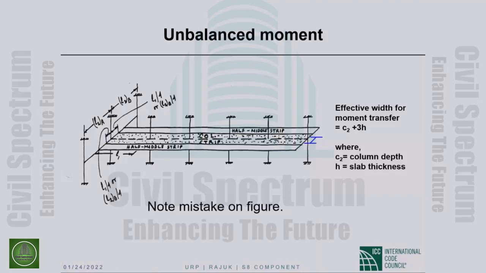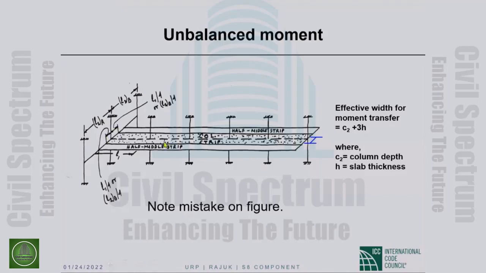It's not called that in 318. It must be placed within a narrow moment transfer band. This is what SEI is calling the effective width, the width of which is the column dimension in this direction, C sub 2, plus 1.5 times slab thickness on either side for a total of C sub 2 plus 3H.